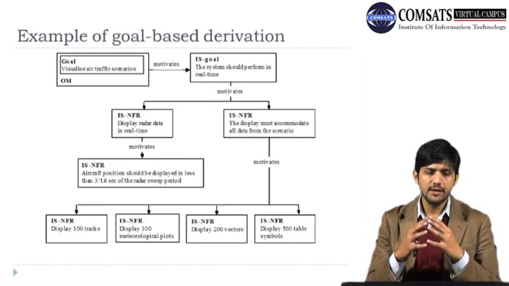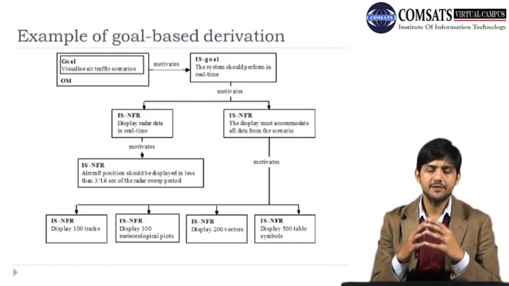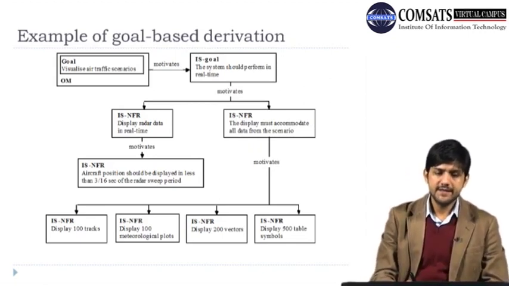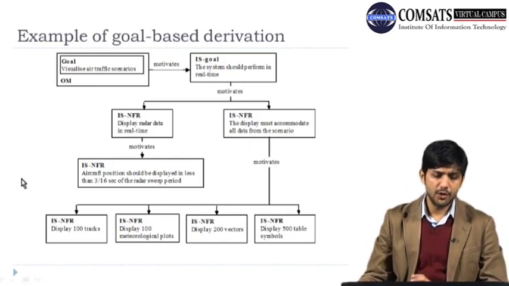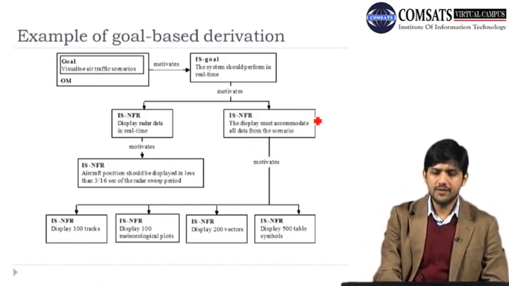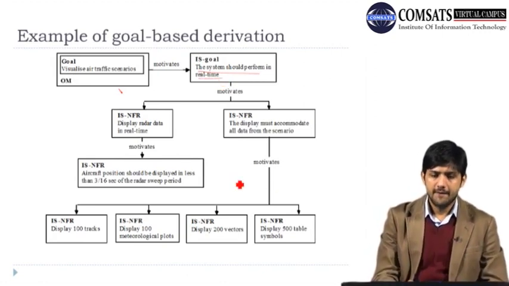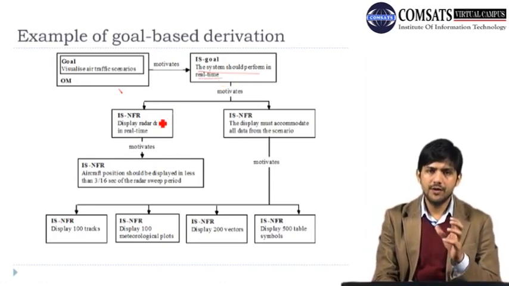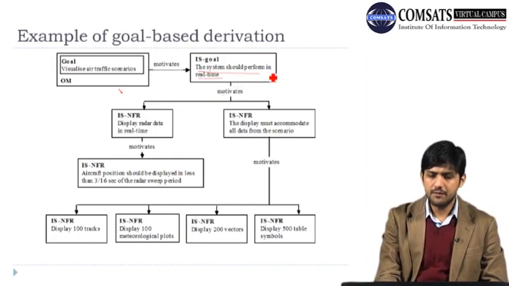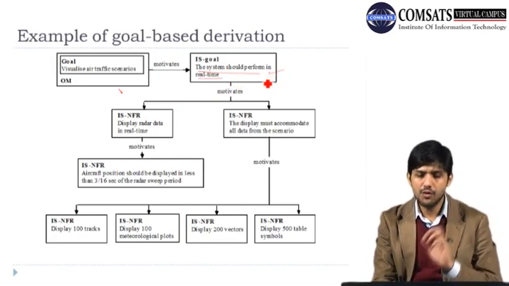Let's say the bigger goal is to visualize air traffic scenarios. This bigger goal motivates a sub-goal, which says the system should perform in real time. There are two non-functional requirements related to this sub-goal.